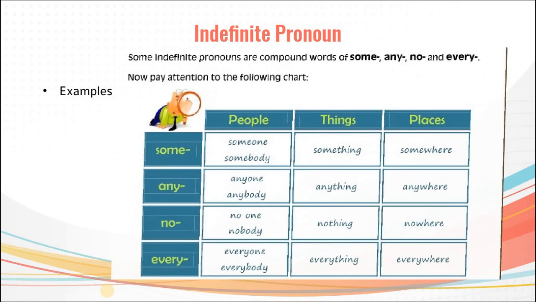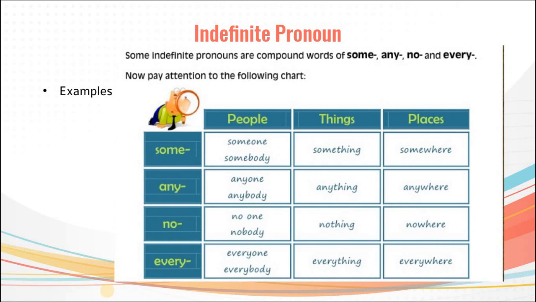Some indefinite pronouns are compound words of some, any, no, and every. Now, pay attention to the following chart. Use some for the place, for the thing, for the person. Use any for the place, for the people, for the thing. So you will have 4 types of pronouns with some, with any, with no, with every.